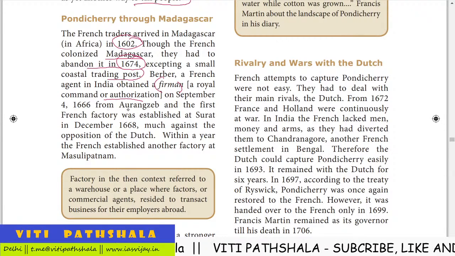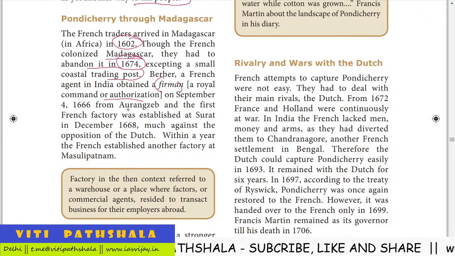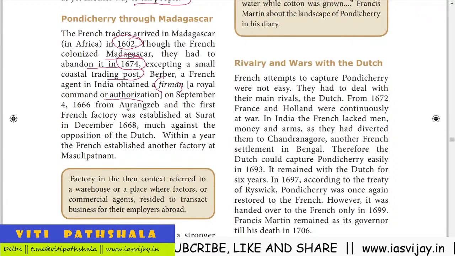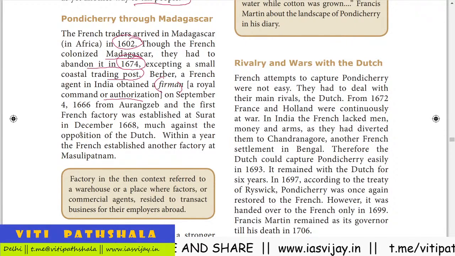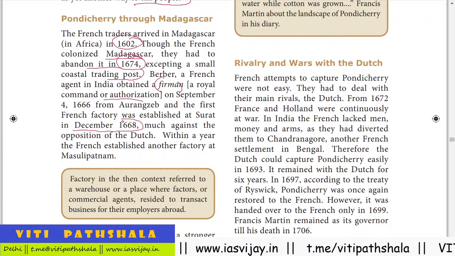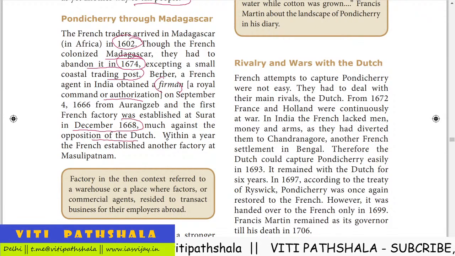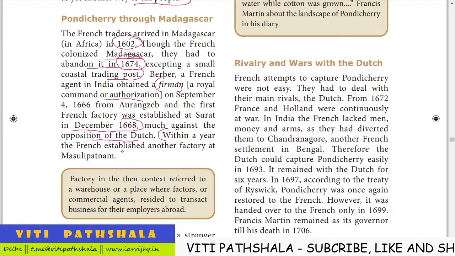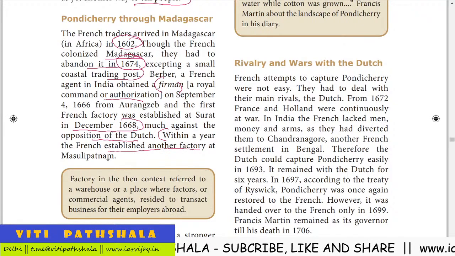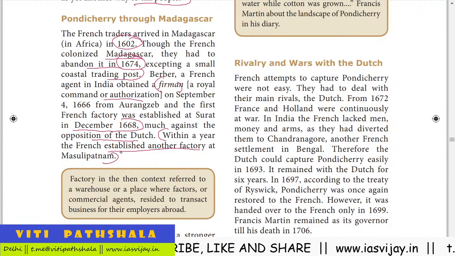Now, on this September 4, 1666, from Aurangzeb, the first French factory was established at Surat in December 1668, much against the opposition of the Dutch. Within a year, the French established another factory at Masulipatanam.